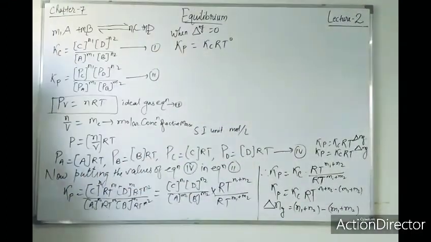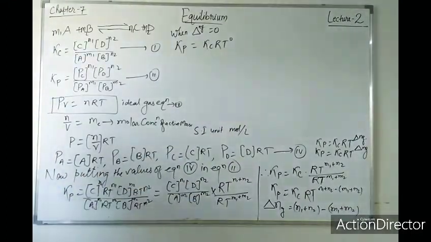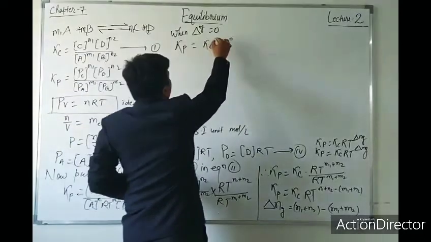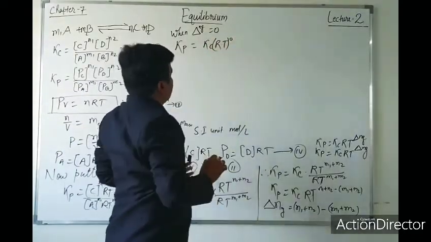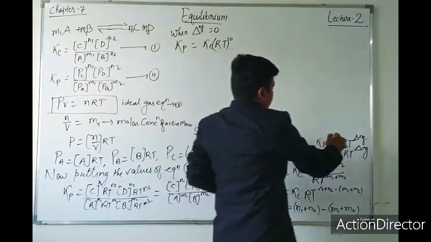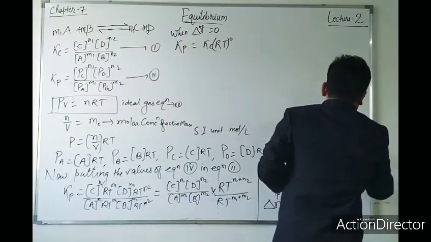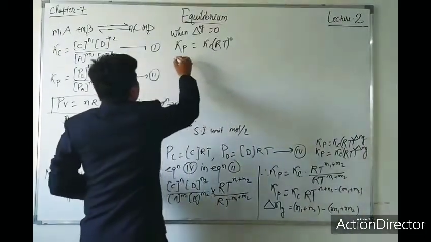Right? You know very well anything to the power 0 is equal to 1, anything to the power 0 is equal to 1. So this RT to the power 0 is 1. Here remember this RT to the power delta Ng. So what will be the value here?